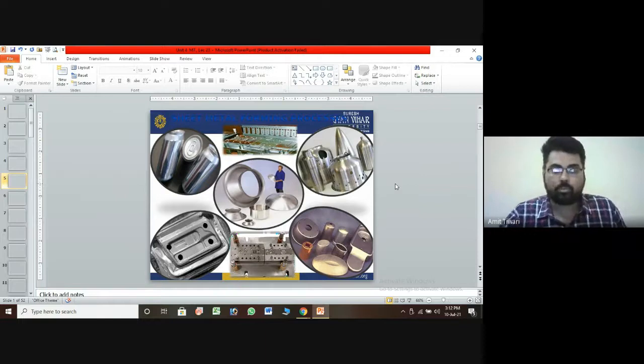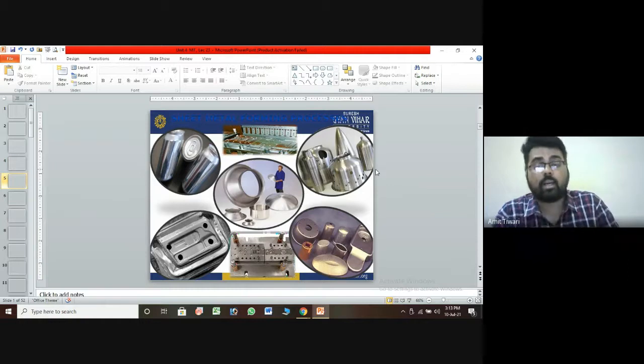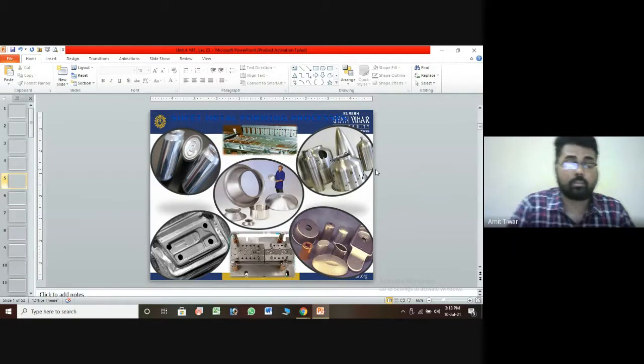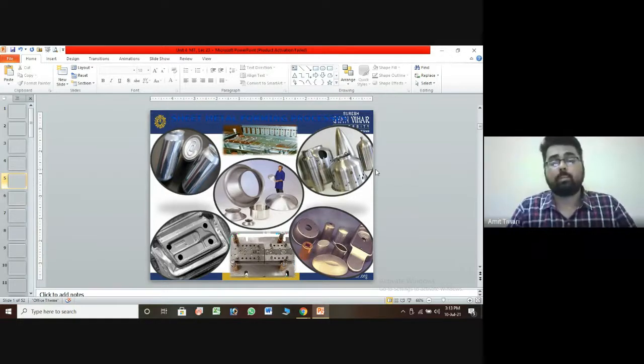Suppose you want to make this glass or cup. You can choose a plain sheet, apply a circular punch and apply pressure, and after removing the pressure, you will find that this shape is formed easily. So you need to generate an idea of what type of punch is required, then apply it to the sheet, and this type of shape will be generated.